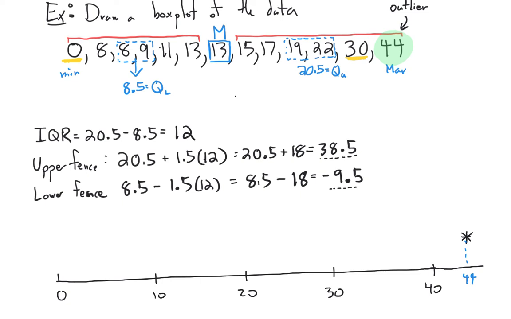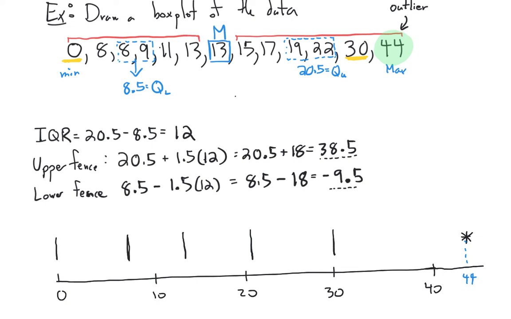Now we're going to draw vertical lines that go with the upper quartile, the lower quartile, the median, and the largest and smallest non-outlier data point. So we have a vertical line at 0, at 8.5, at 13, at 20.5, and at 30.